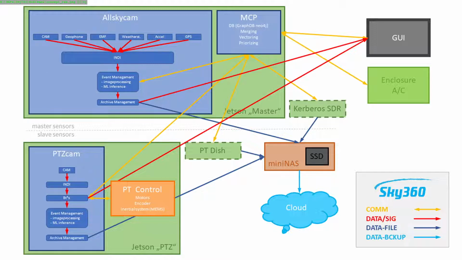MCP talks to bt³s. bt³s shares the information, triggers via the INDI protocol the camera, maybe some filter wheels, or anything that is connected to it, and then talks to the event management where the image processing is done the way the AllSky Cam does it. So we reuse the code.